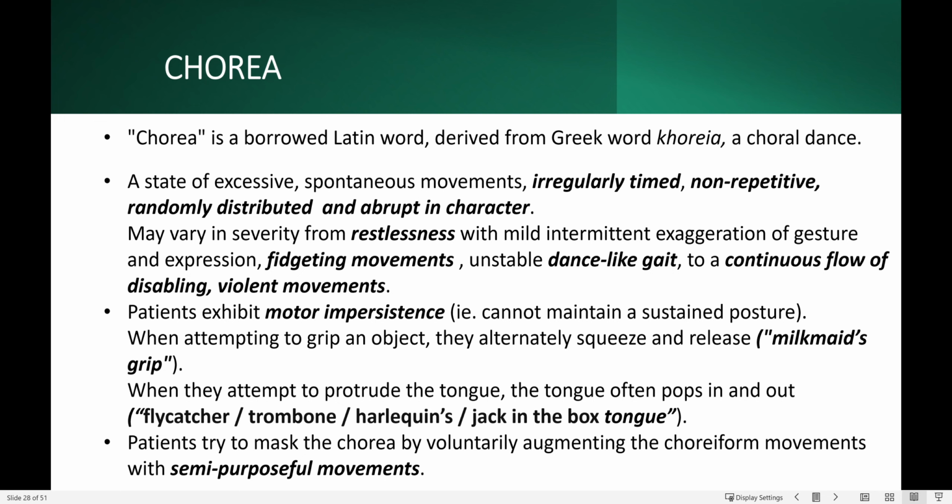Also when they try to protrude the tongue, they can't maintain a tongue protrusion, so the tongue will keep popping in and out. That's variously alluded to as flycatcher, trombone, harlequin, or jack-in-the-box tongue. The patients sometimes try to mask chorea by augmenting the movements into semi-purposeful movements.